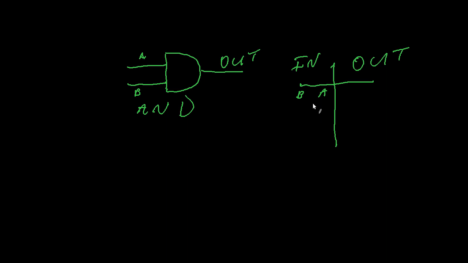We need to go through all possible combinations of A and B. So basically we're just counting. That's really what we're doing. So we go 0, 1. Now what's a binary 2? Well, 2 in binary is you put down a 0 and you carry 1. And then 3 is you just add another 1 to it.